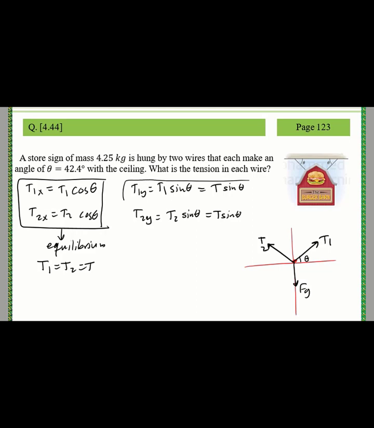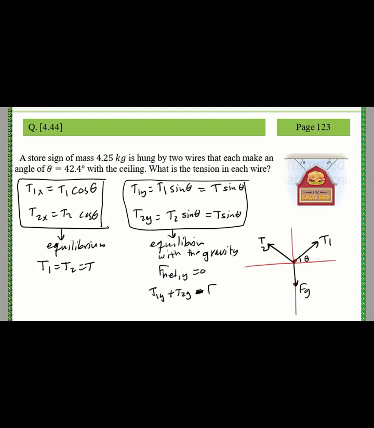Now go here for the y-axis. Also we have equilibrium, with F net on the y-axis equals 0: T1y plus T2y minus Fg equals 0.